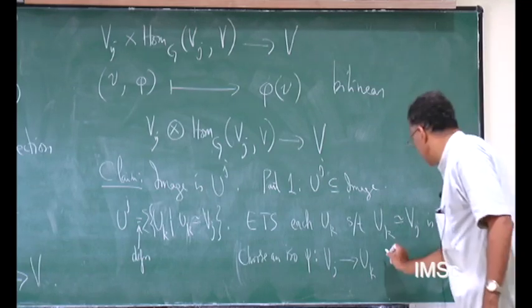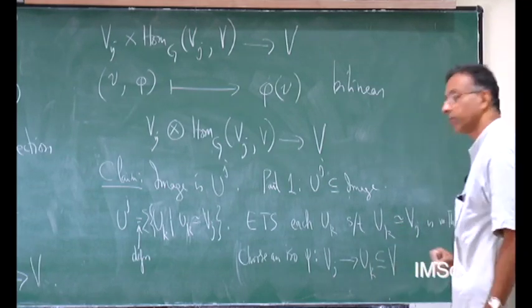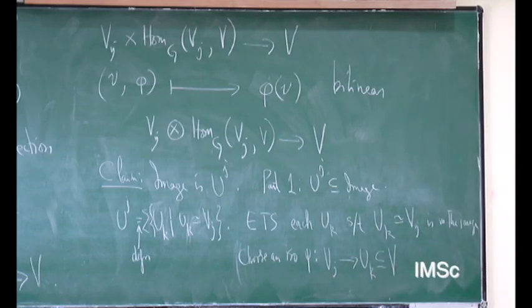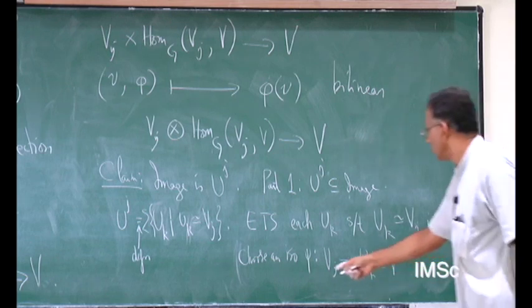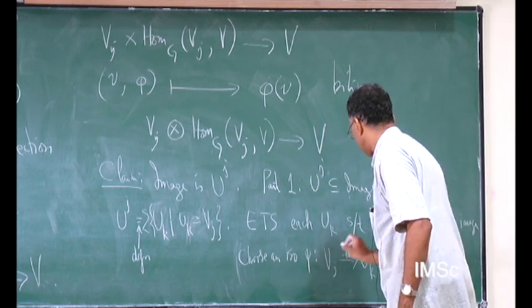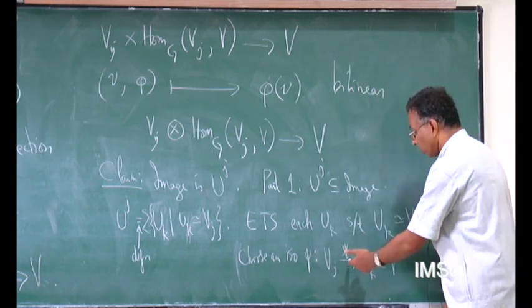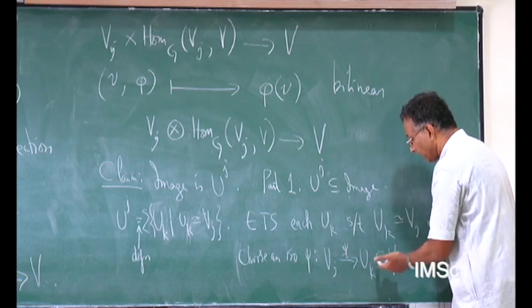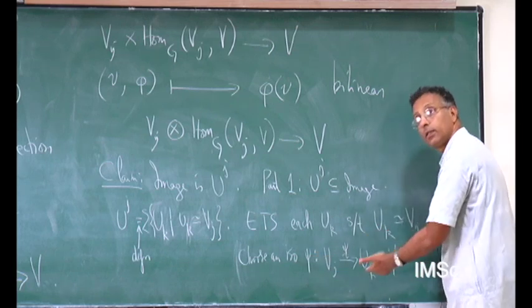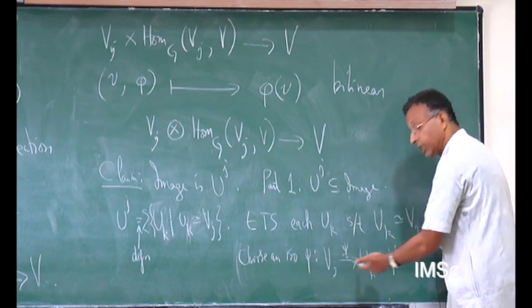This is a subspace of V by definition. So composing this psi with the inclusion gives you a morphism from Vj to V.